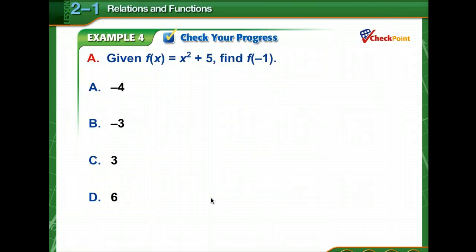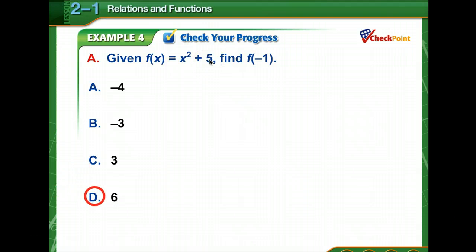Okay, I want you to pause a moment and check your progress. Solve this one. Okay, if you were to put a -1 in for x, so f of -1 is equal to -1 squared. What's -1 squared? -1 times -1. That's going to give us a +1 plus 5.